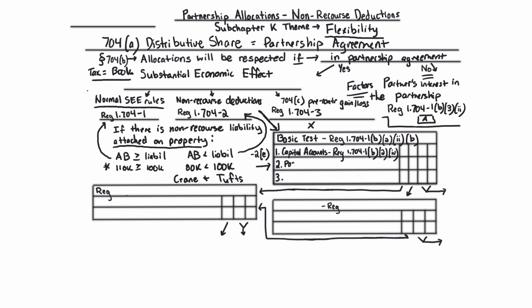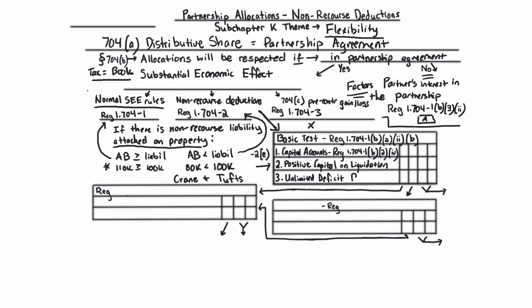Next is that, according to the partnership agreement, positive capital accounts must be followed on liquidation. So if the business liquidates, you have to follow the positive capital account balances on liquidation. And finally, the third requirement is that there is an unlimited deficit restoration obligation.